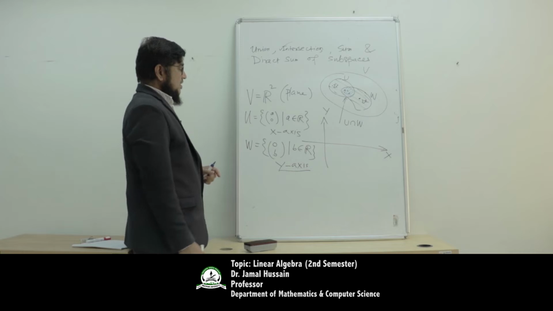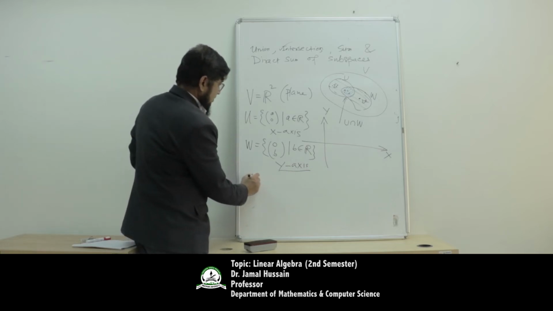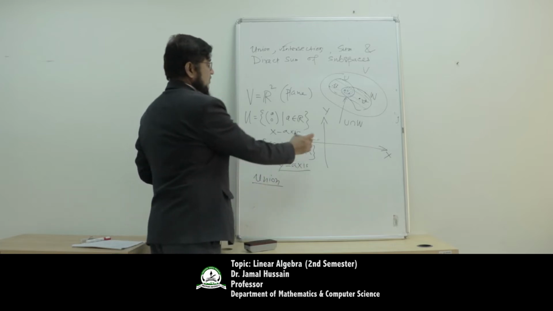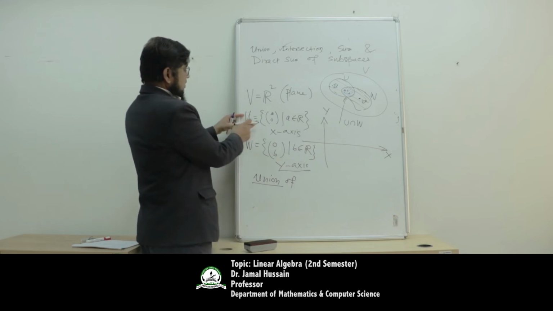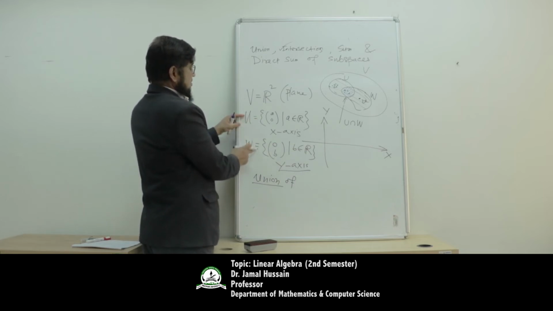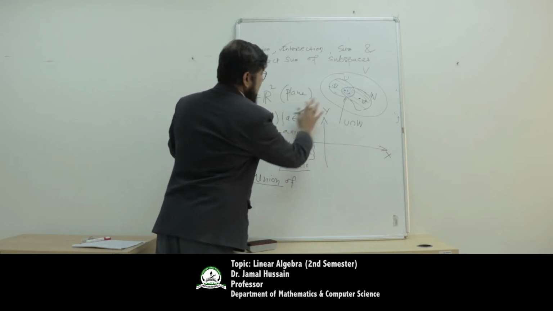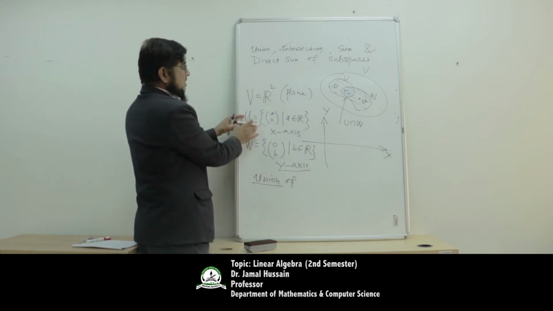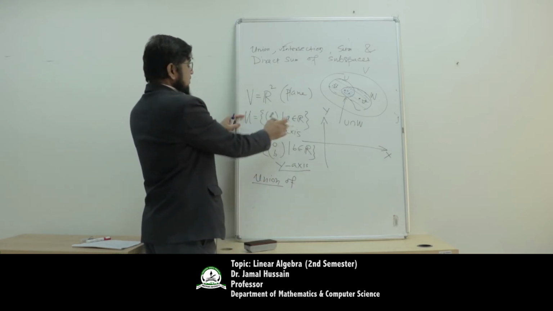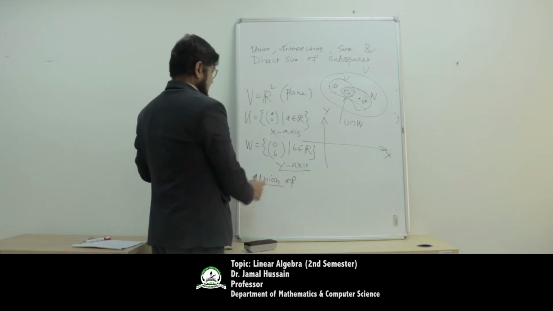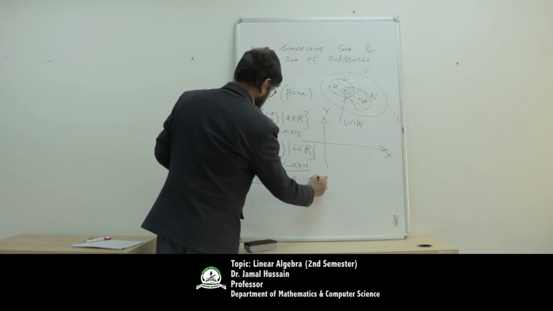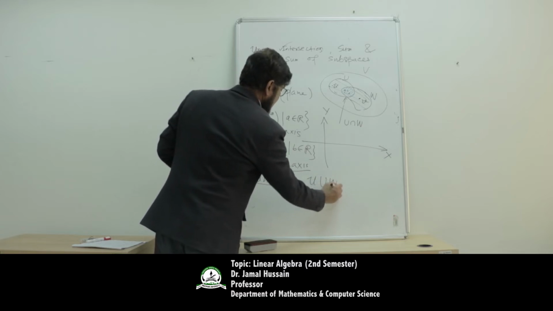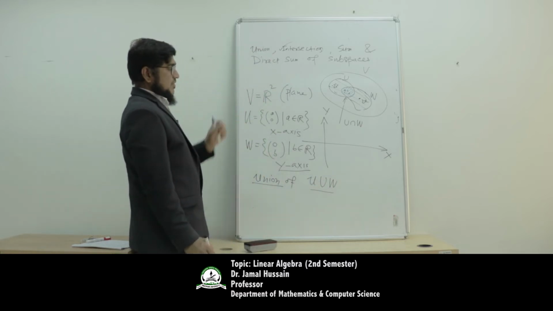Now imagine what is the union of these two sets. We can see these are subsets of the plane, part of the plane, and they themselves are subspaces. It can be easily verified. So we are interested to know what is U union W in this particular example.